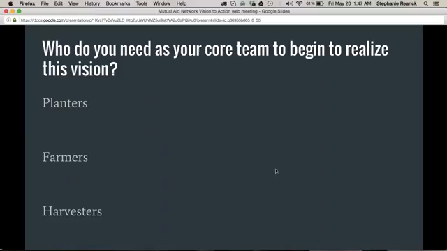You've probably all been in a situation where you start working on something and then people fall away, and it's very discouraging. It happens over and over in organizations. A couple of years ago, I was at a training, and someone in a workshop said there are three different kinds of people who carry out a project. Some people are planters, some people are farmers, some people are harvesters.